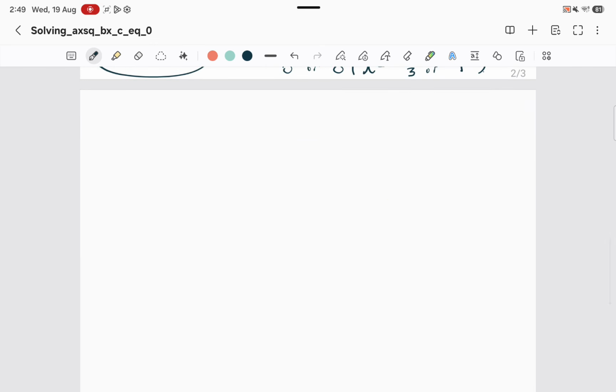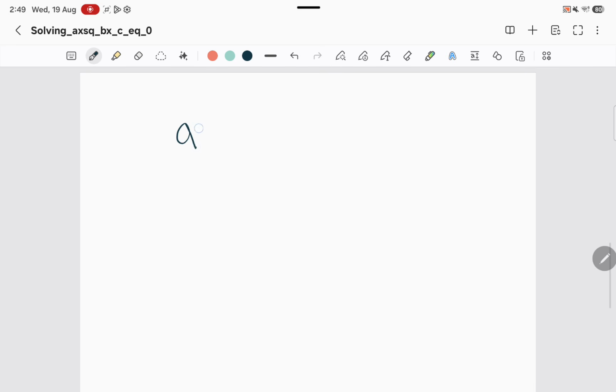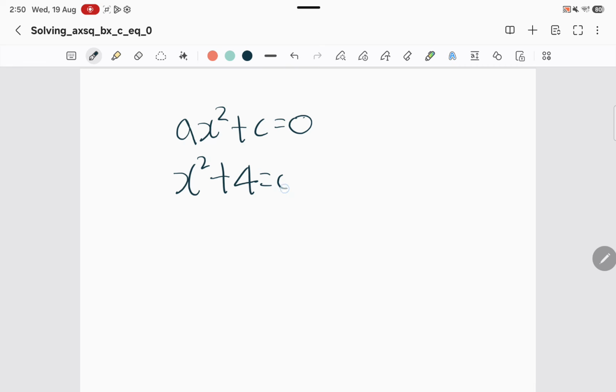I want to briefly mention another thing here. We actually covered this one last time, and the method we used was taking the square root of both sides. Let's say x squared plus 4 equals 0.